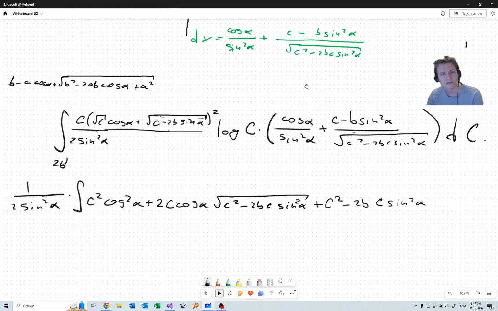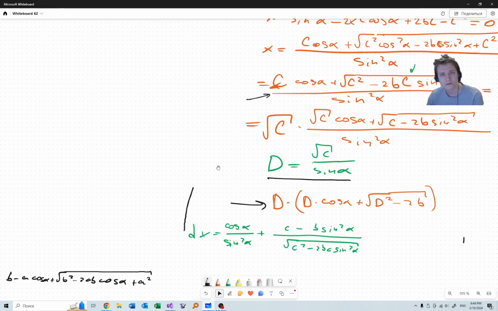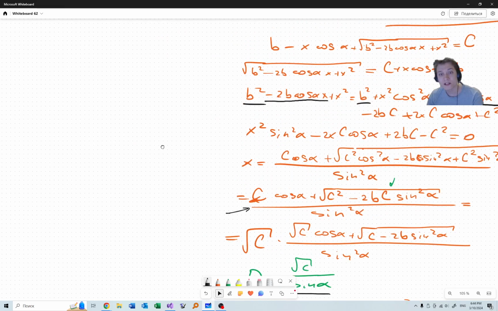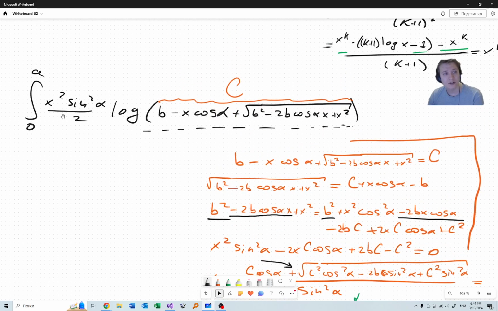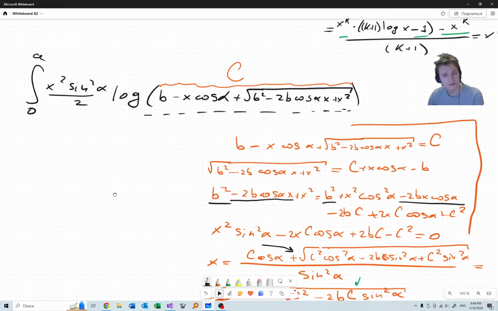Plus or minus? Are we sure that it's plus here and not minus? Why did I put plus here? I don't know. We know that x is positive. However, it's still unclear.